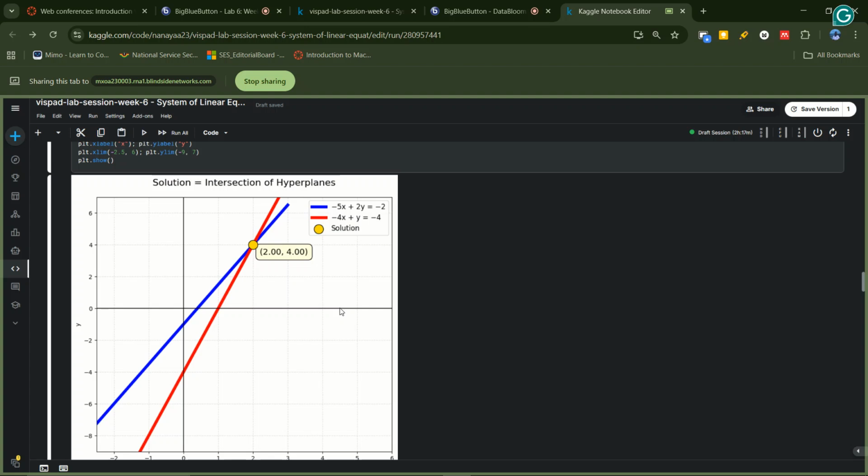So 5x plus 2y equal to -2 is one line, which is the blue, and -4x plus y equal to -4 is another line. And you realize that they intersect at some point, (2, 4).